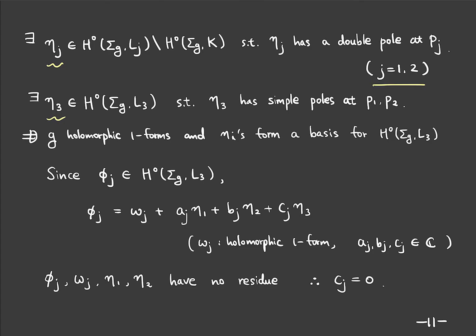And by the residue formula, each of eta 1 and eta 2 has double poles at P1 and P2 respectively, so note that eta 1 and eta 2 have no residue.